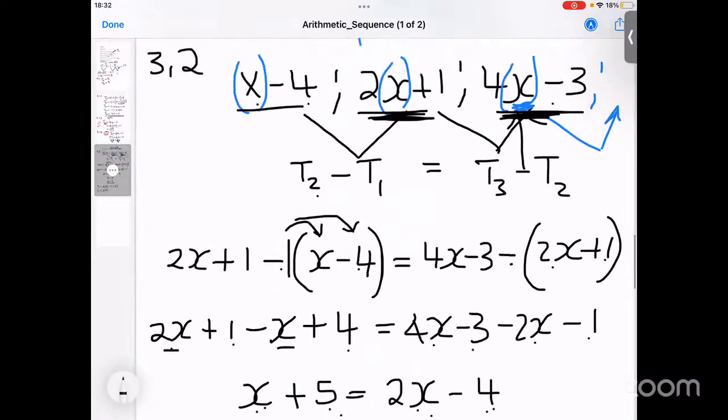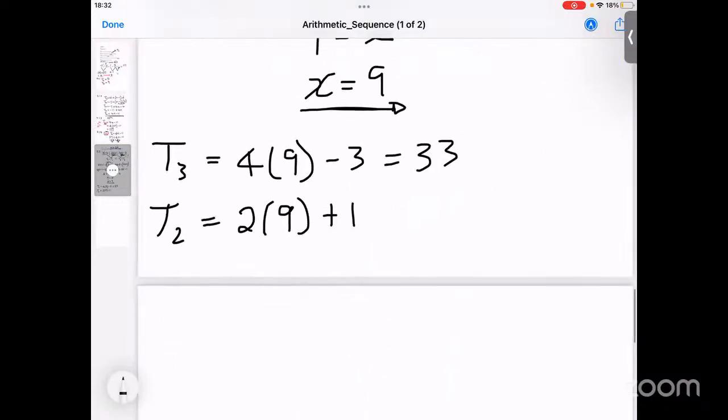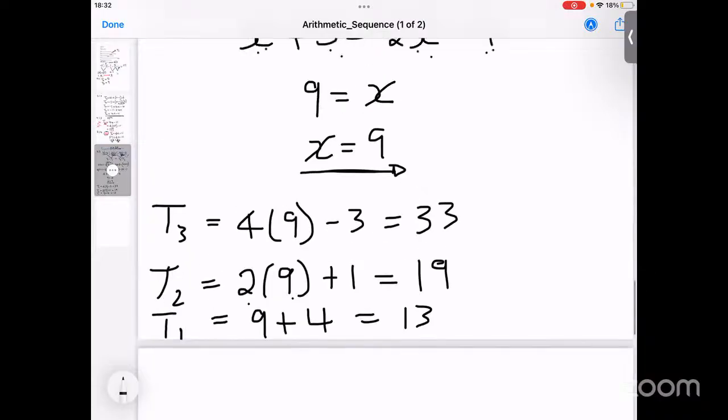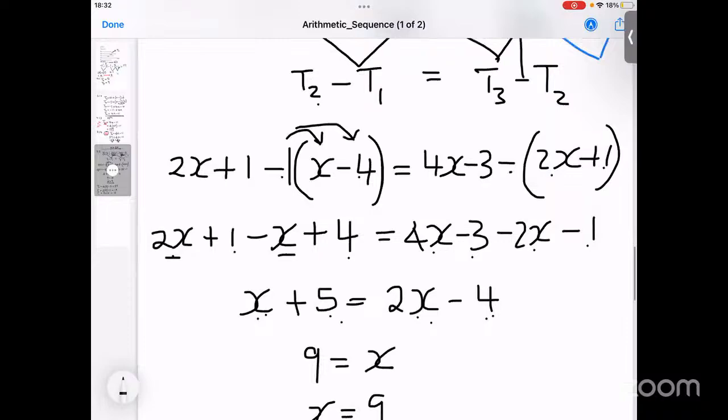No, it's a plus 1. That times that is 18, plus 1, it becomes 19. Then now imagine if you had to calculate term 1. Term 1, it would be x plus 4, which would be 9, plus 4, which is the same as what? Is it 13?